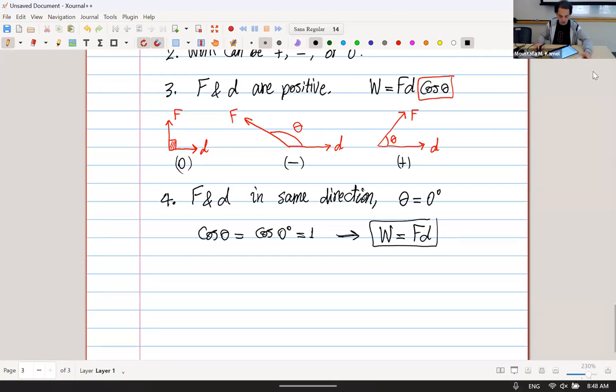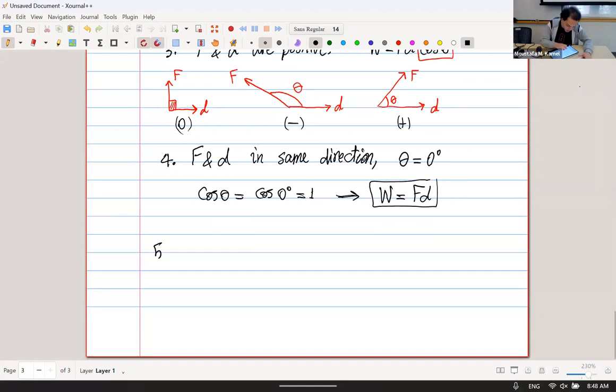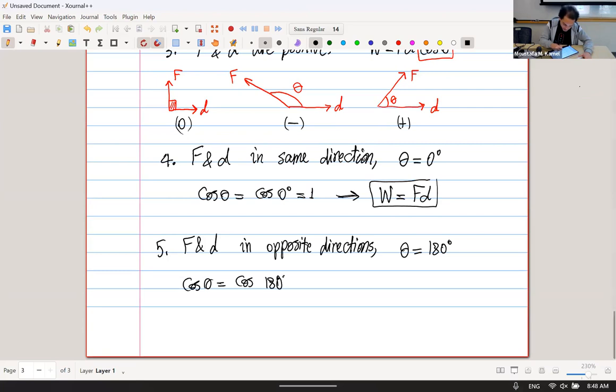This is in one dimension. If we have the force and displacement in opposite directions, then theta equals 180 degrees, cosine theta equals cosine 180 degrees, which is negative 1. So the work done is negative F D.